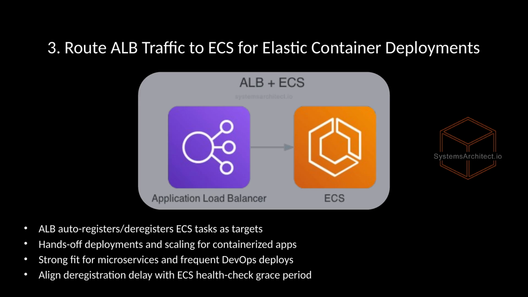Because it supports path and host-based routing, one load balancer can front multiple containerized services at once. That tight integration is what makes deployments genuinely hands-off, a strong fit for microservices and DevOps pipelines that deploy frequently. A good practice is setting the ELB deregistration delay and ECS health check grace period together.